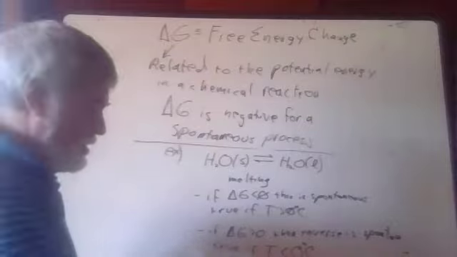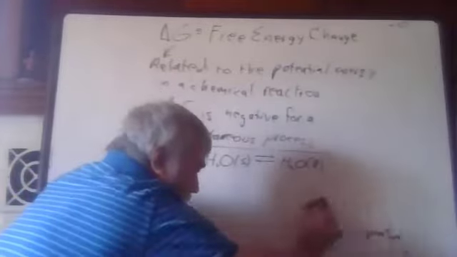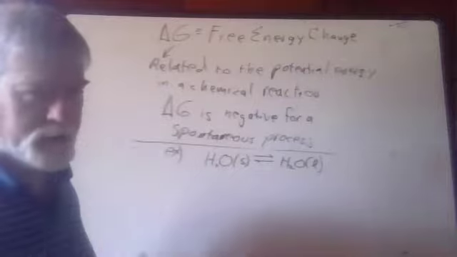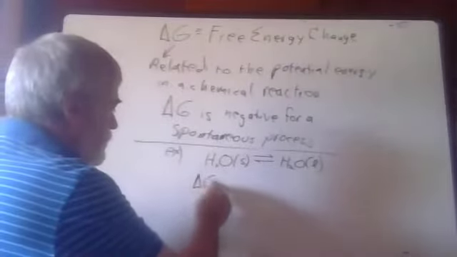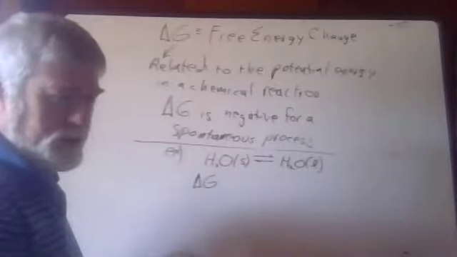A reaction can be spontaneous. So I'm going to leave that reaction up there, and I'm going to write down the Gibbs free energy equation. Delta G, and this is what we derived last time.